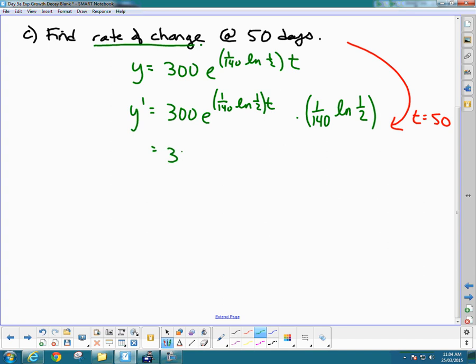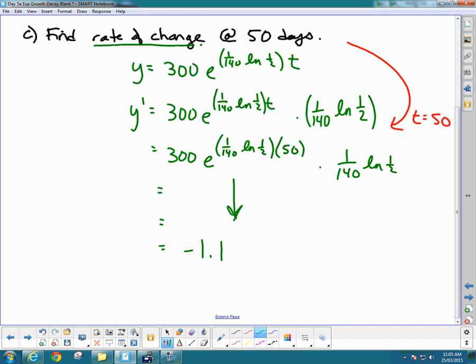So we've got 300 e to the 1 over 140 ln 1/2 times 50, times 1 over 140 ln 1/2. Punch all that in your calculator, and we get negative 1.16 milligrams per day.